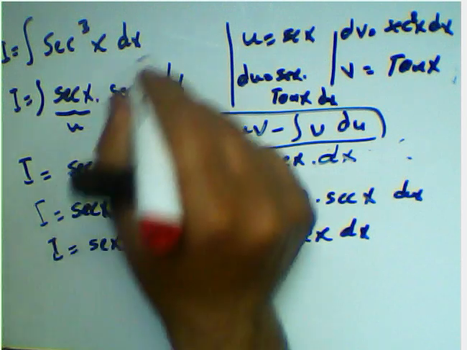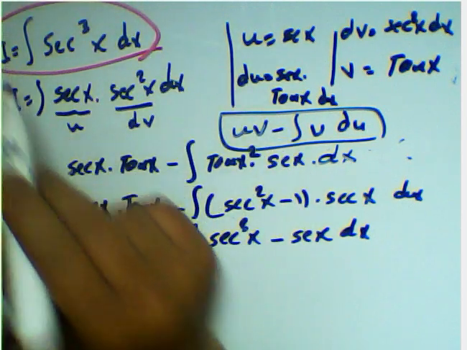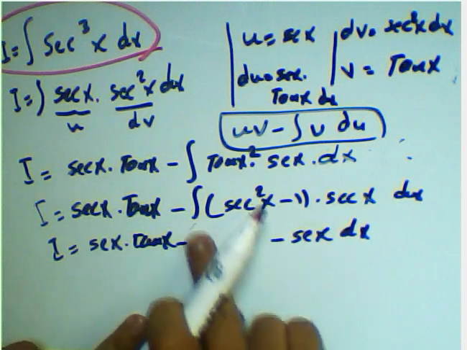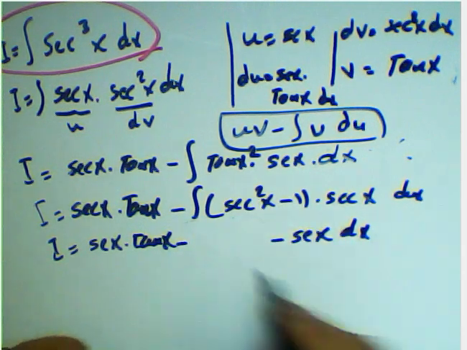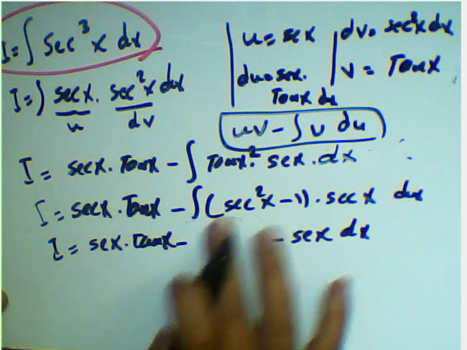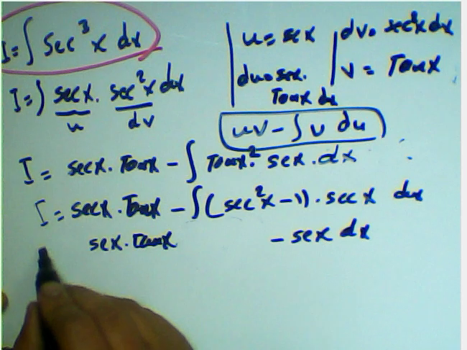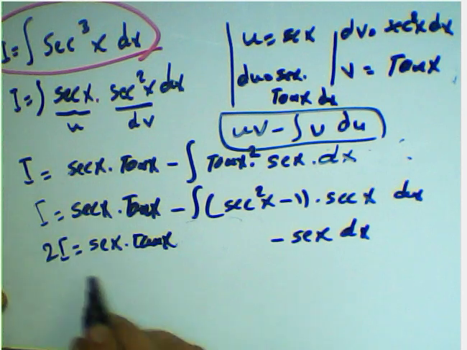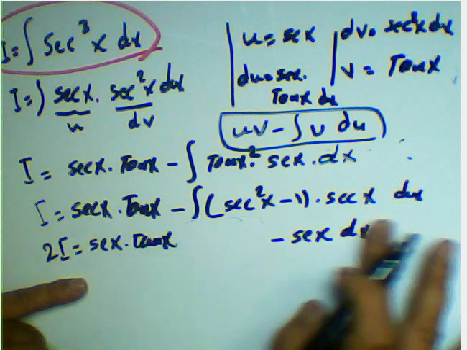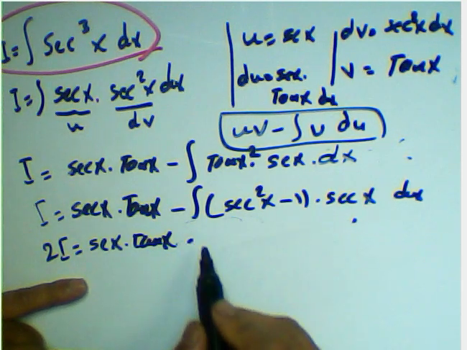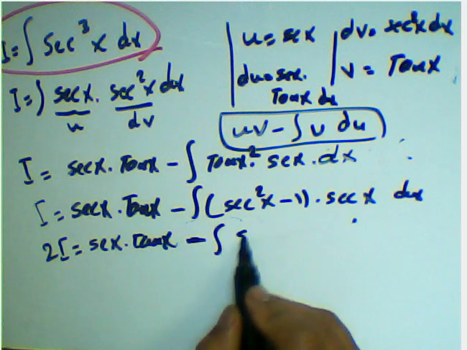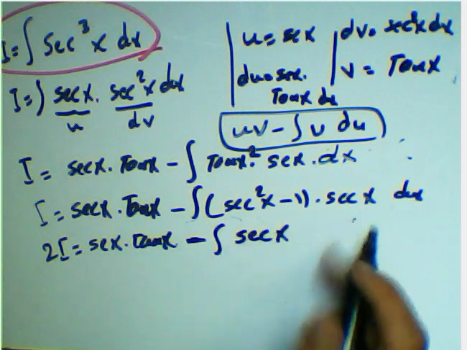This function I called I, so I can cancel this and write I. Moving negative I to the left-hand side, it will be 2I. Then 2I equals sec x tan x subtract by the integration of sec x dx.